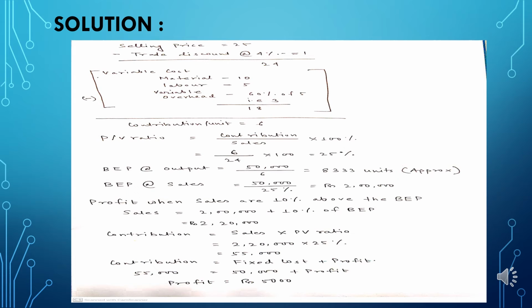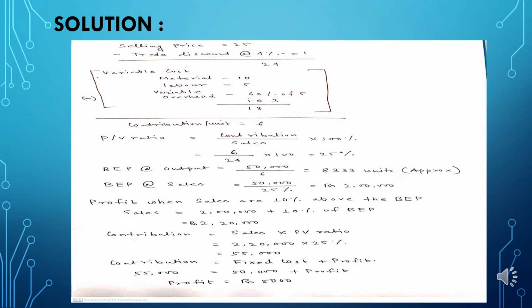Now the entire summation of variable cost turns out to be rupees 18. Deducting that variable cost from the selling price per unit, we get the contribution per unit as rupees 6. So coming back now to PV ratio, we know that PV ratio is contribution per unit divided by selling price per unit. If we multiply it by 100%, we get the figure of 25%.